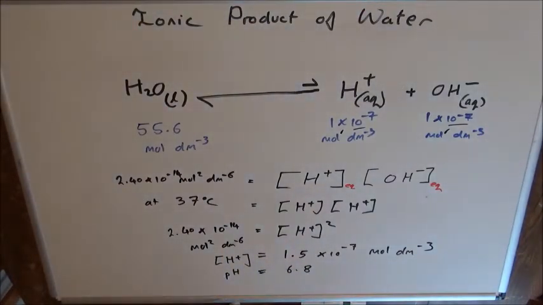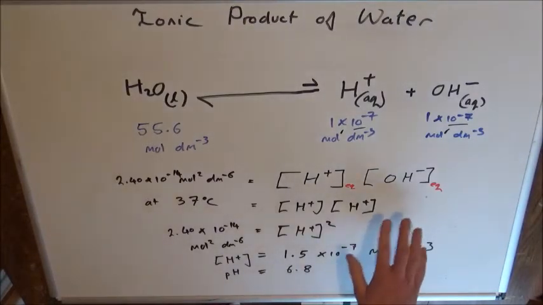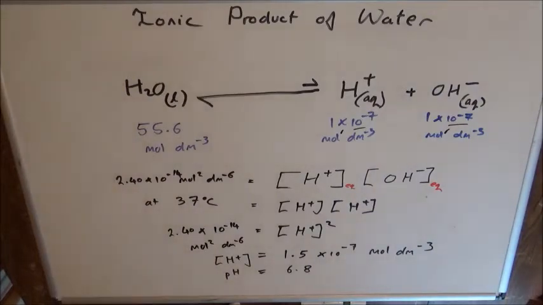And that's the neutral pH at 37 degrees C in pure water. The pH is 6.8, and you have equal concentrations of H plus and OH minus.